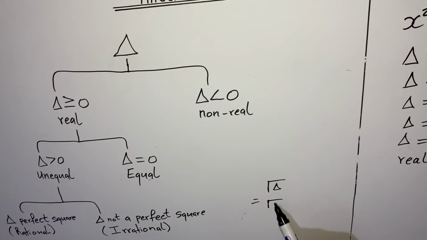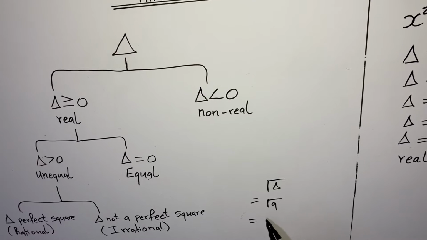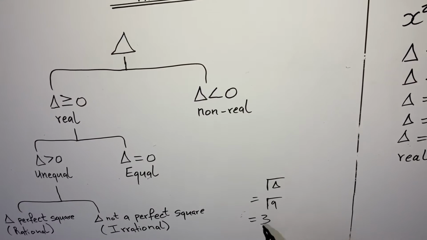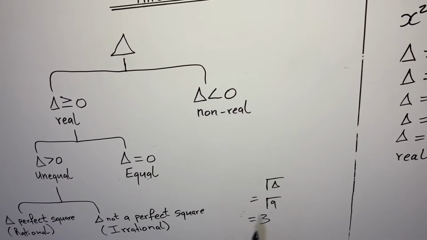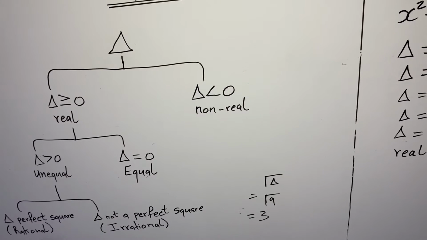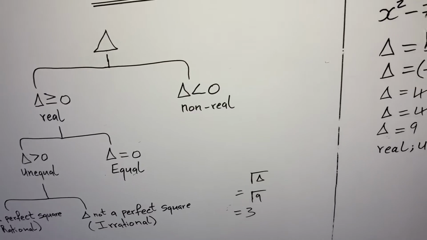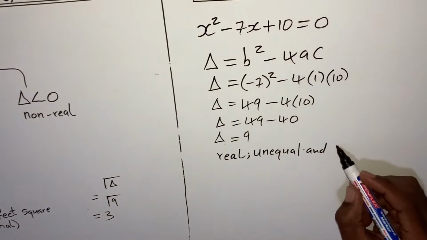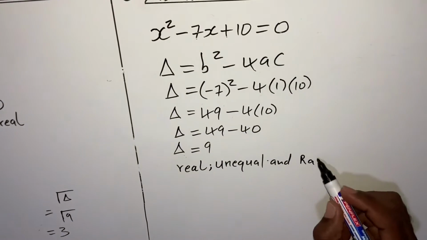I take it under the root, it's a 9. I'll get a 3. For a root of 9, it's a 3. So 9 is a perfect square. So then, my delta being a perfect square, the last comment will have to be rational. So they are real, unequal, and rational.